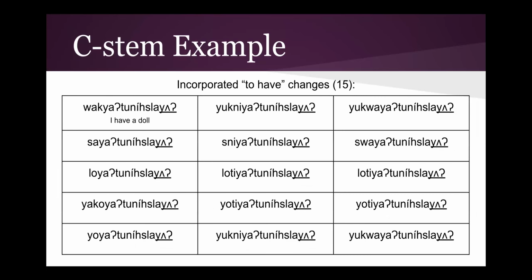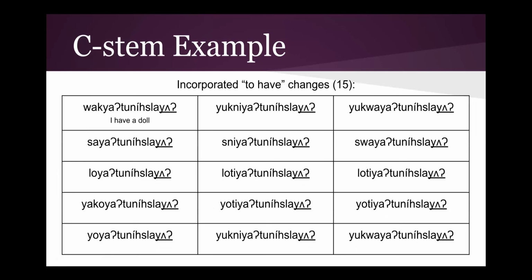Now we're going to do the same thing with the C stem noun. And we're using the same verb root. It's a C stem. So the C stem noun, though, is what's going to dictate our use of pronoun. So wak, za, lo, yago, yo, and etc. These pronouns should look familiar from the C stem slide we went through.